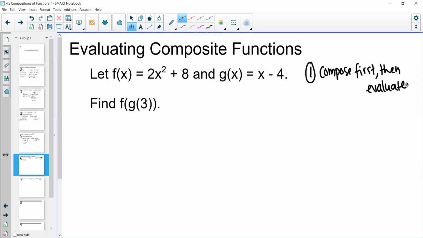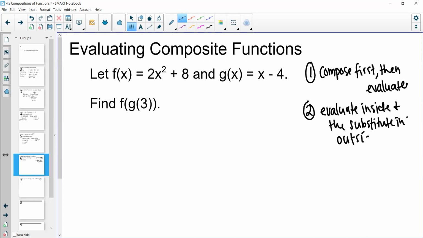So that's option number one. Or option number two is evaluate on the inside and then substitute into the outside, or plug in.